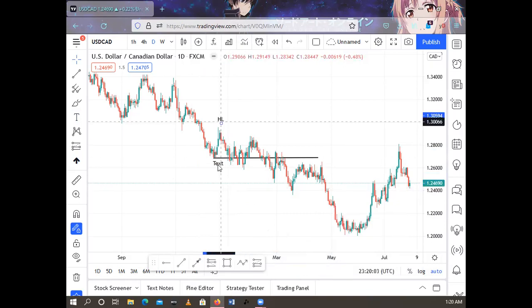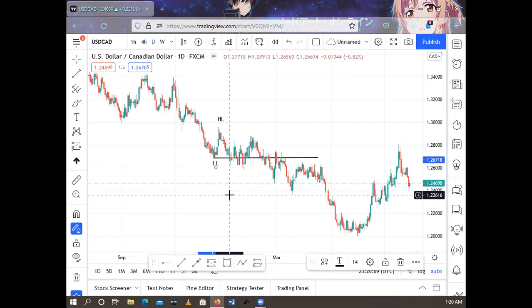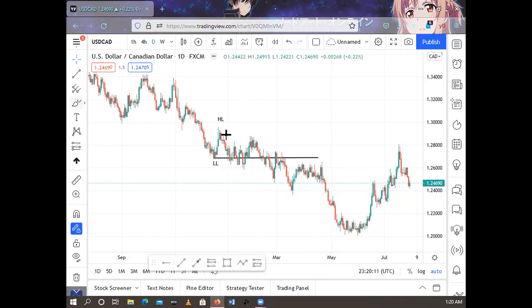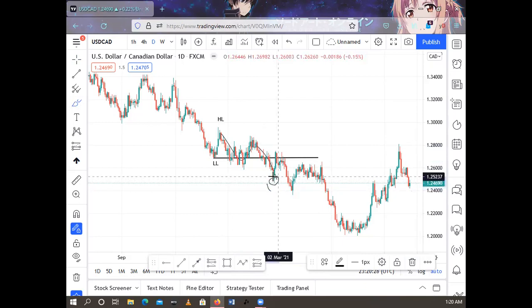We had a higher low here, right? And a lower low here, right? We had price play around this level. Let's make this black in order to be visible, right? And then we had the market push to the downside, creating a lower low here at this area here, right?